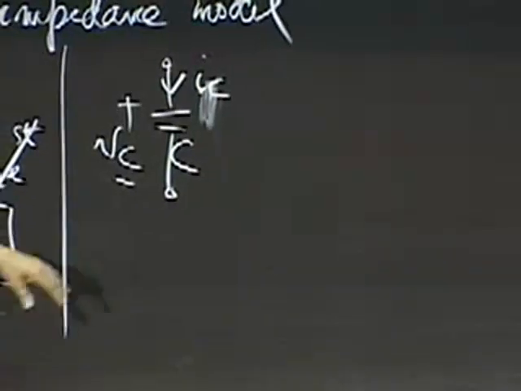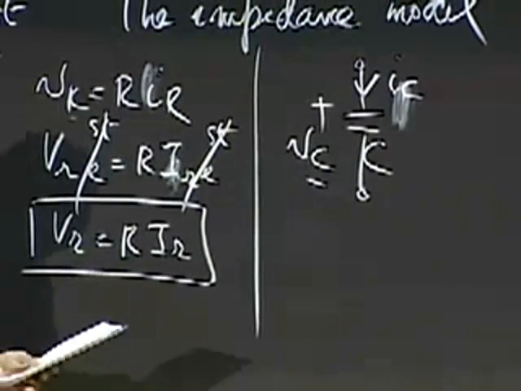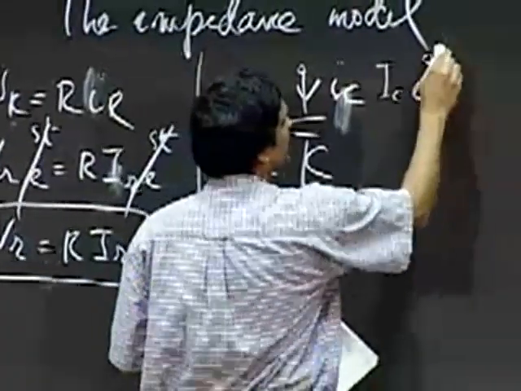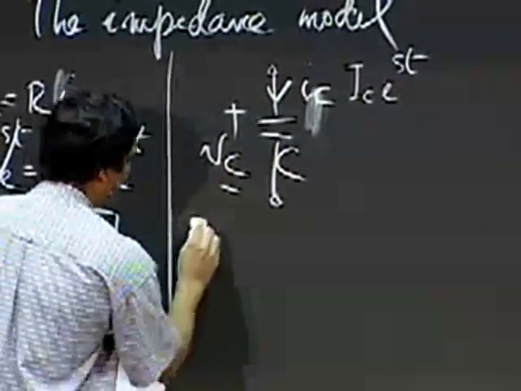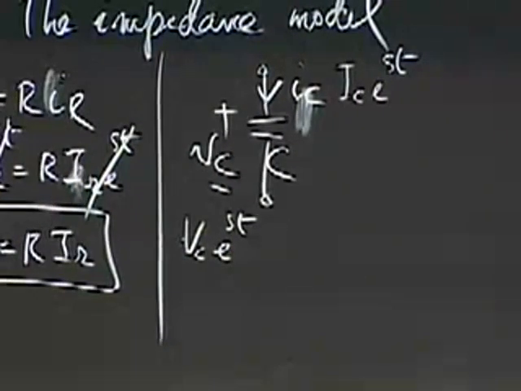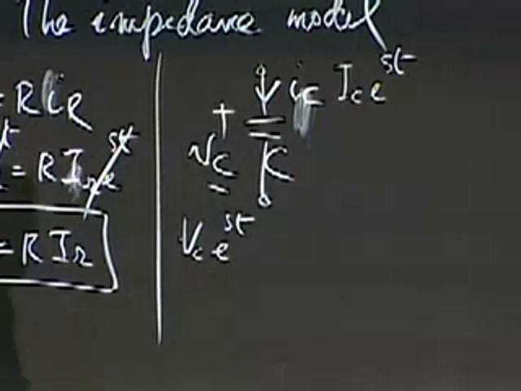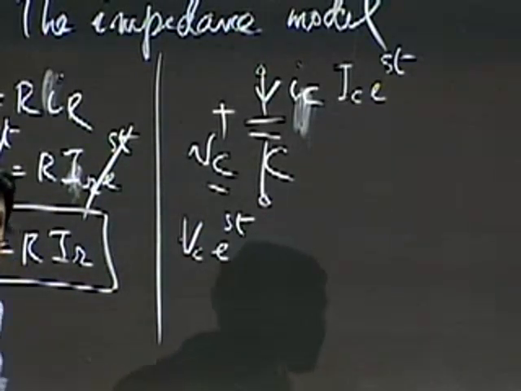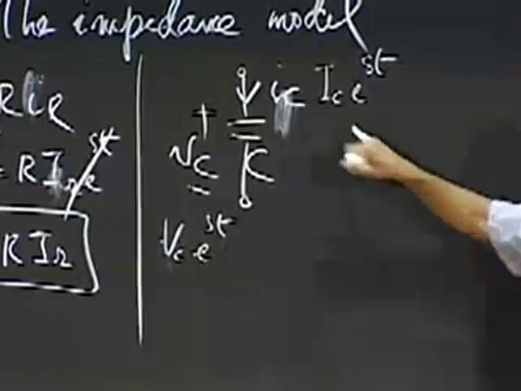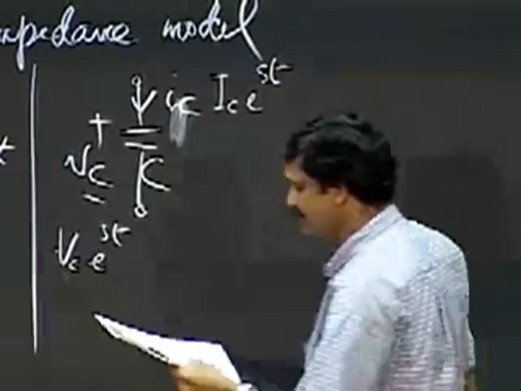Some current IC flowing through it and a voltage VC. Let's say the current is IC e to the st and the voltage is VC e to the st. Let's plug these into the element law for the capacitor and see if we can find a way of relating VC and IC.